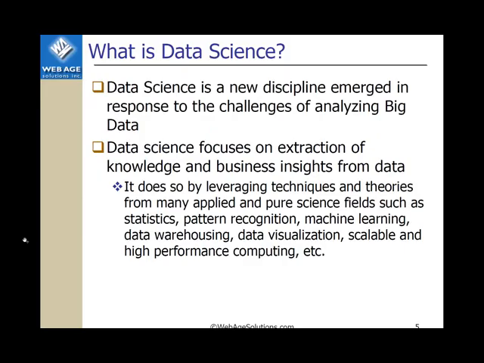So data science, essentially, is a new discipline, and in one way or another, it has been known as data mining, business intelligence, and so on.